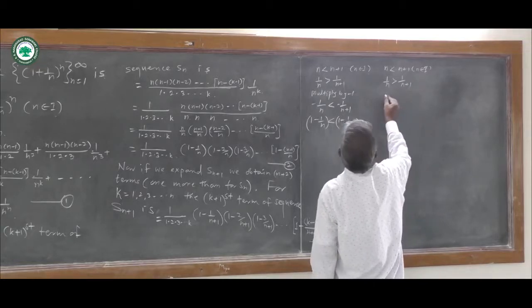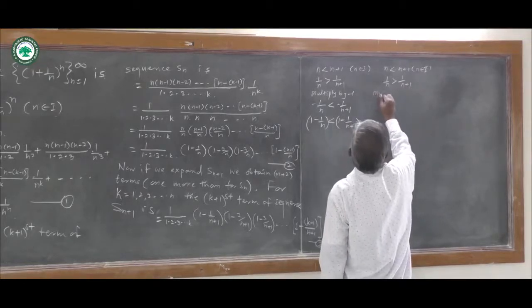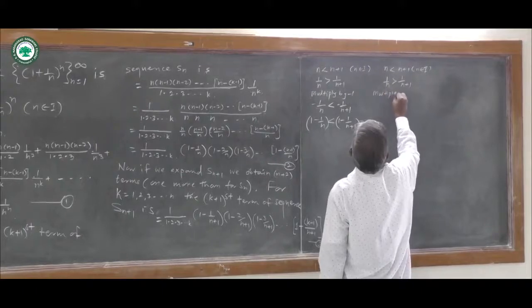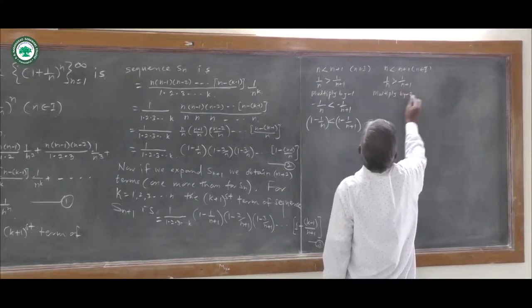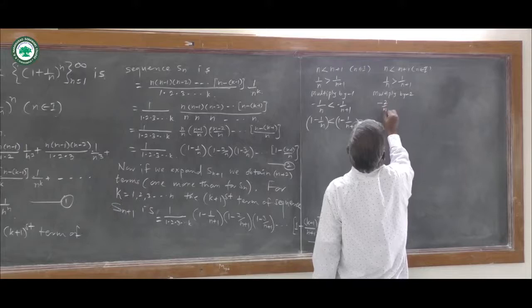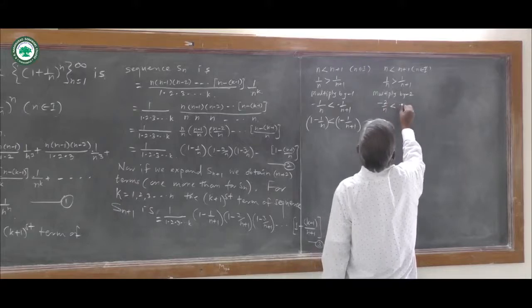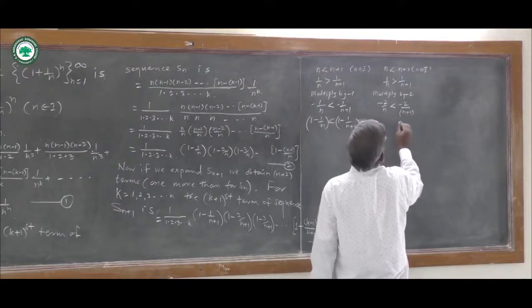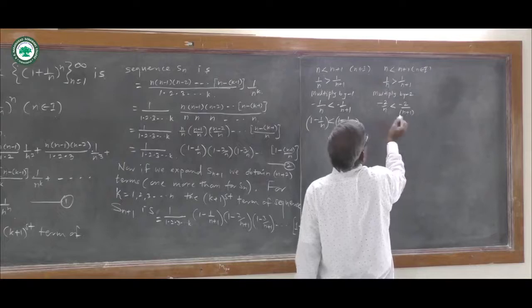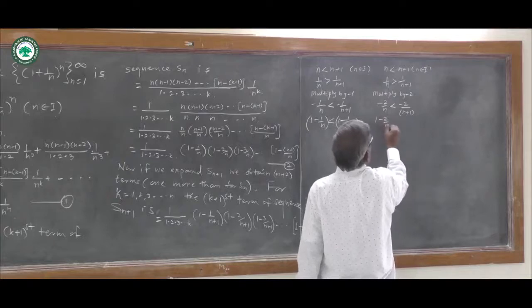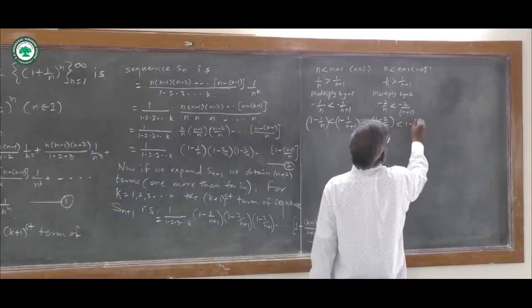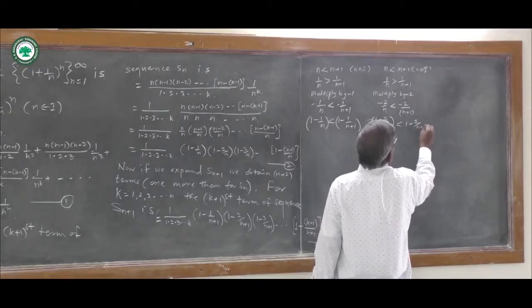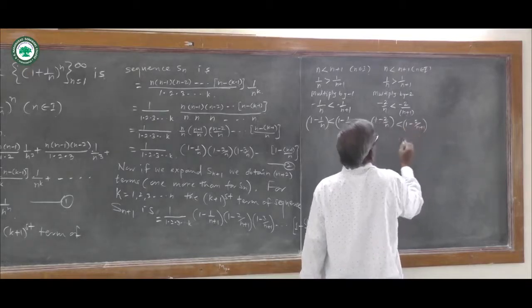Multiplying by minus 2, minus 2 upon n is less than minus 2 upon n plus 1. Adding 1, 1 minus 2 by n is less than 1 minus 2 by n plus 1.